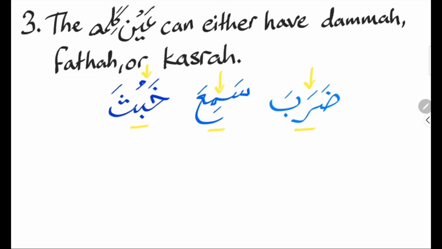Daraba has a fatha, sami'a has a kasra, and in khabutha, the middle letter ba has a dhamma. Now, why does this happen? You'll learn that later on when you learn sarf or Arabic morphology. But for now, just remember to put the correct haraka on the ayn kalima of any al-fi'l al-mudari' or al-fi'l al-madi.